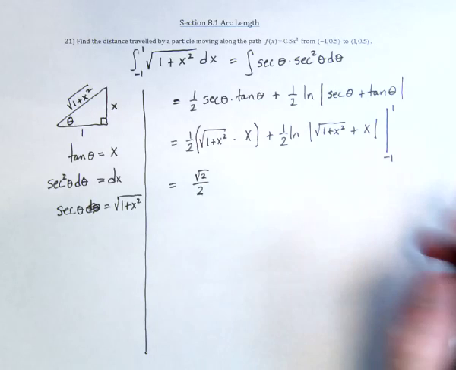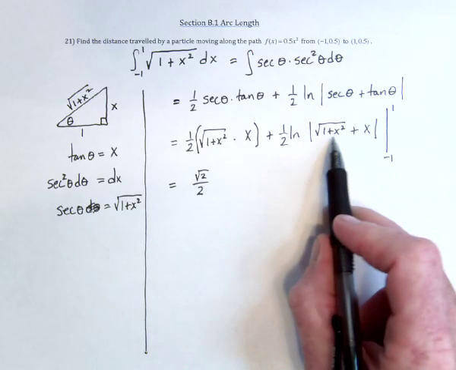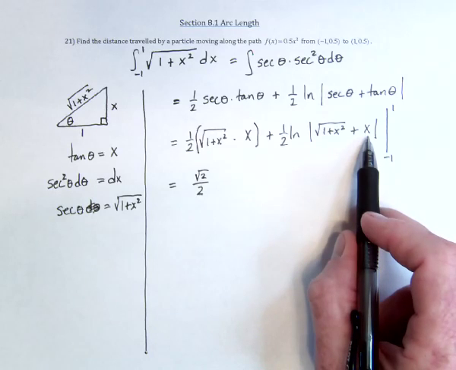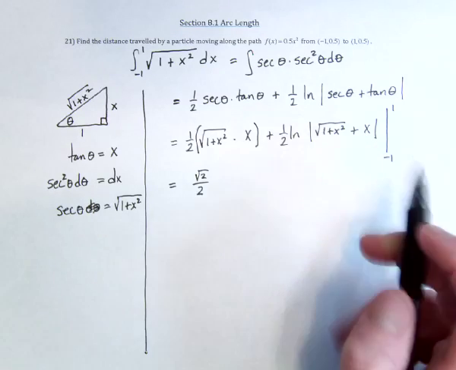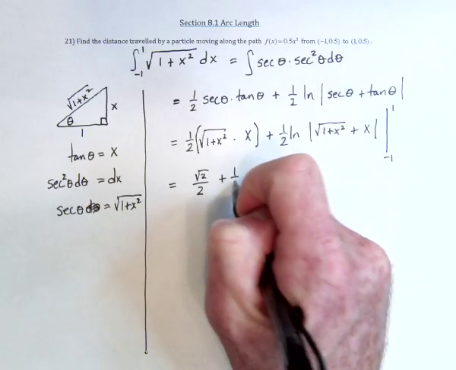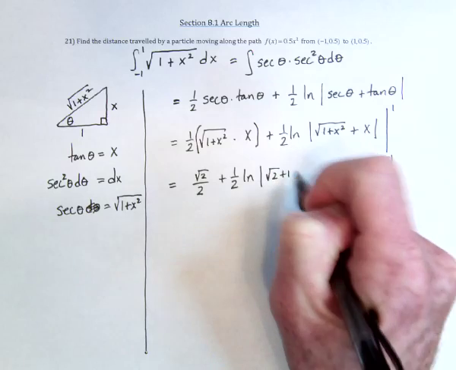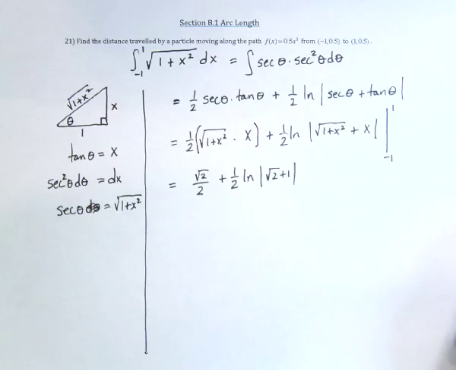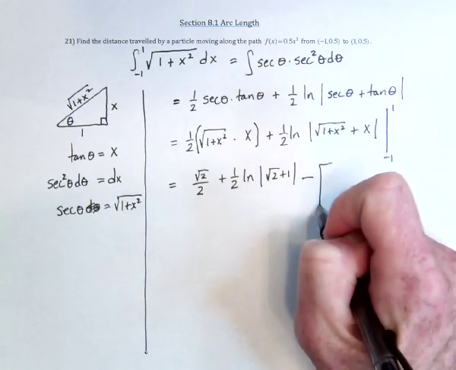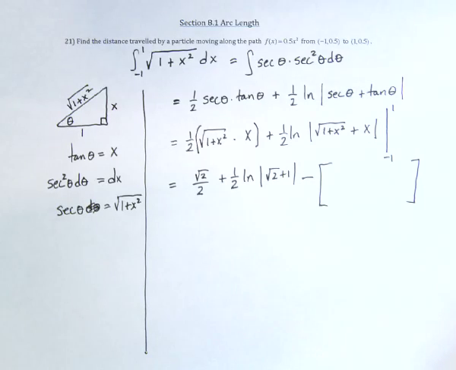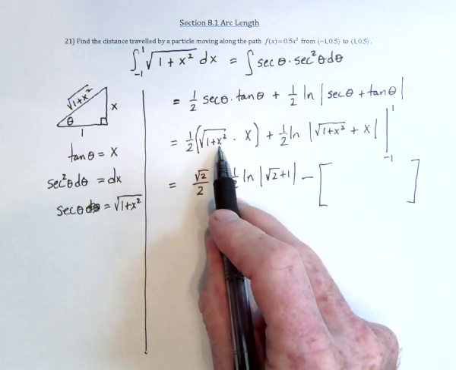And then for the natural log, this is going to again be the square root of 2 plus a 1. So we'd have plus 1/2 the natural log square root of 2 plus 1. Alright, now substitute in -1. So this part is going to remain the same when you square -1.